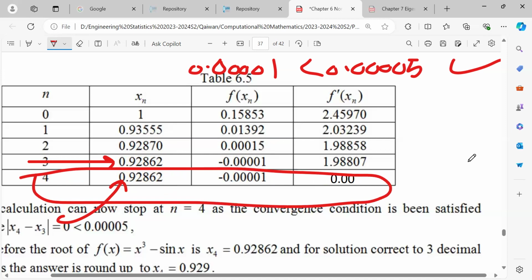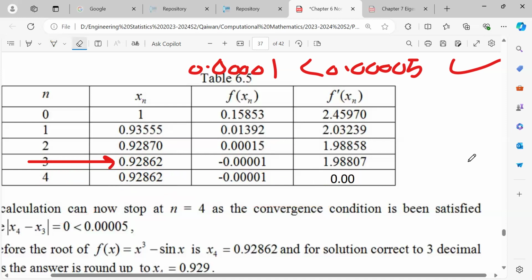Look, in the previous step, we said the difference of these two x values is not less than the error.